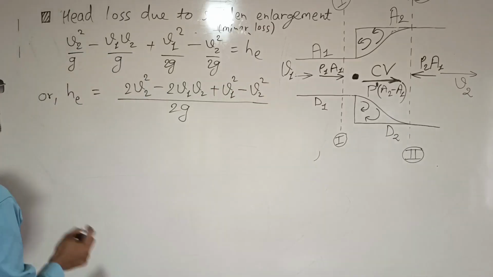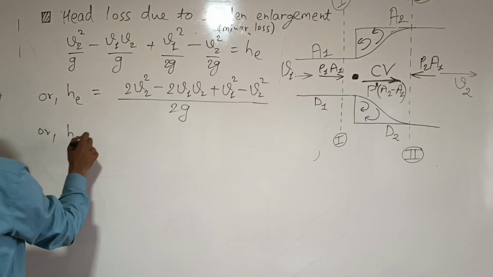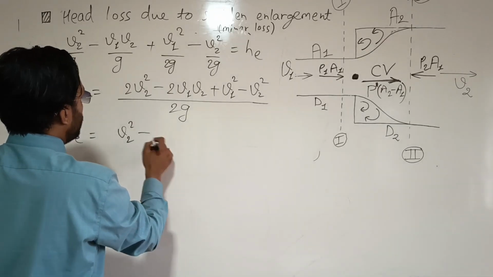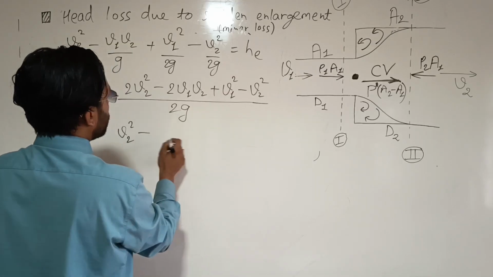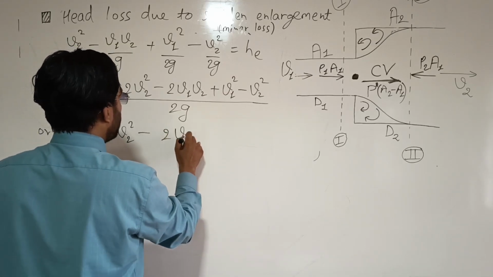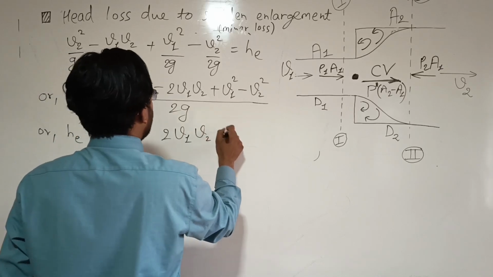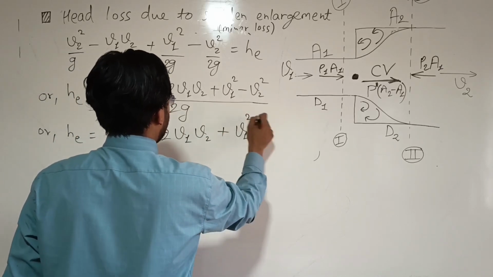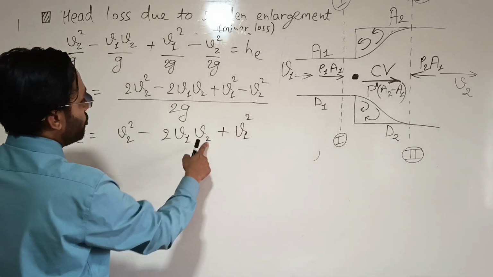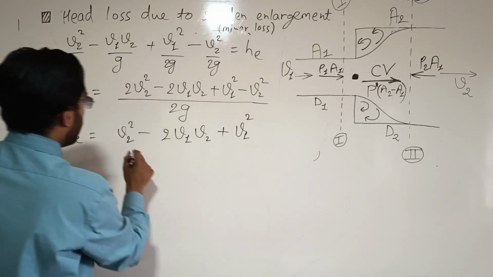This is how we write it, and LC is equal to V2 square minus 2 V1 V2 plus V1 square, divided by 2g.